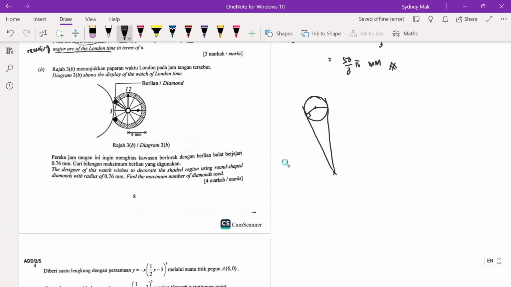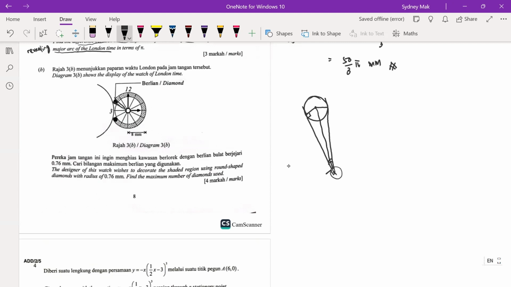We just need to find out what angle each diamond can subtend. Then out of the 360 degrees, we can find the number of diamonds that can fit into this shaded region.